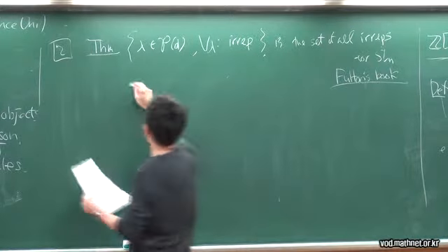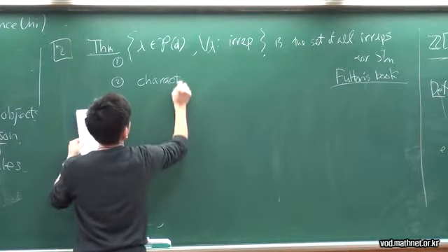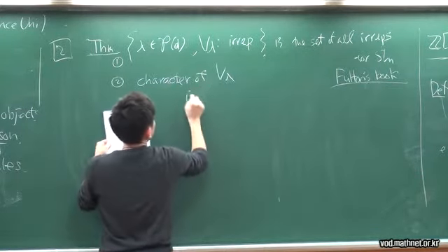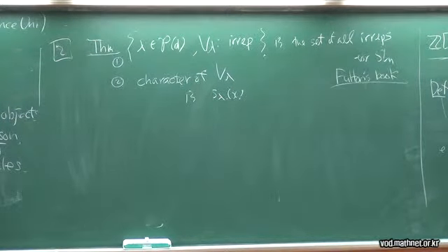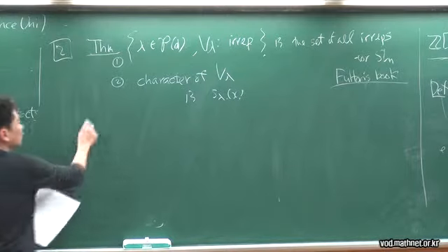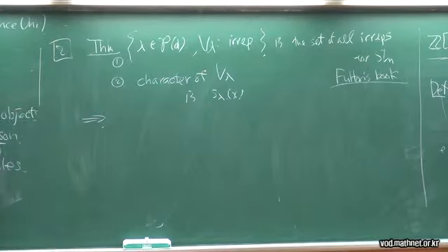Another fact is that the character of V_lambda is S_lambda(x). This is one of the connections between representation theory and the theory of Schur functions. The consequence is that you can interpret these structure constants as multiplicities in tensor products of two irreducible representations.